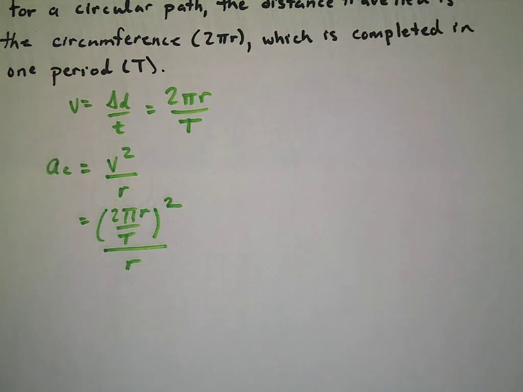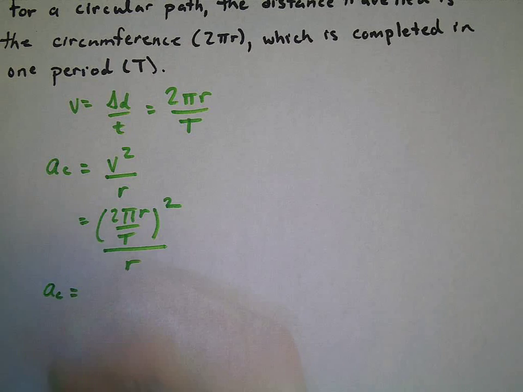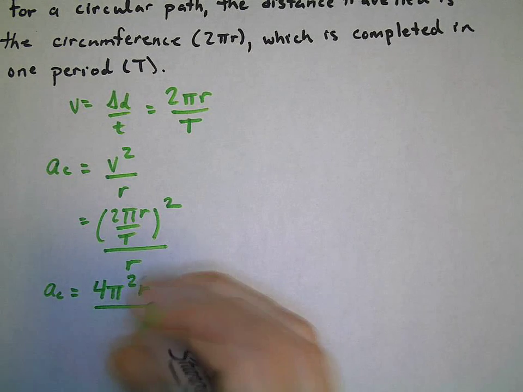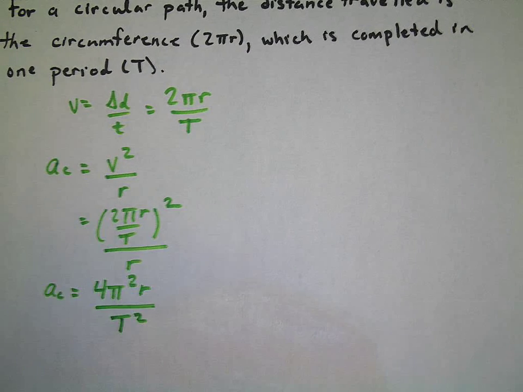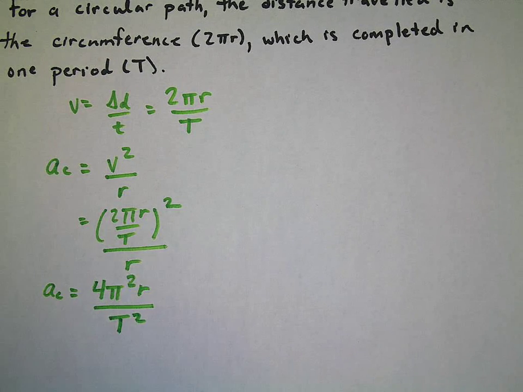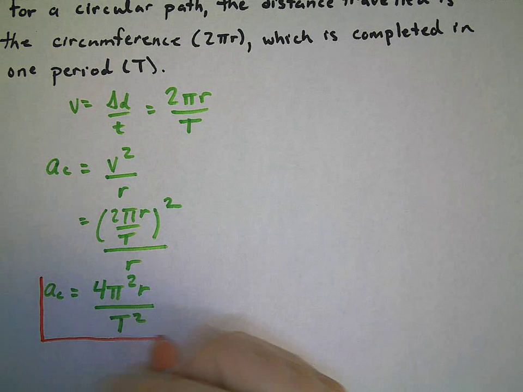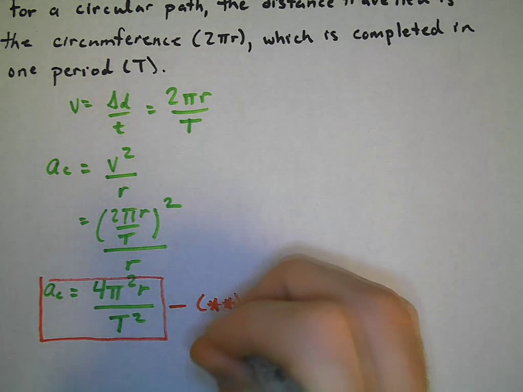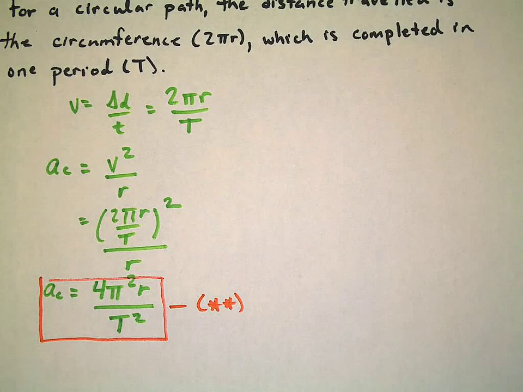Manipulating this formula, we get that our centripetal acceleration is 4 pi squared r over t squared. Dividing fractions out, that's how we get a new equation for the centripetal acceleration.